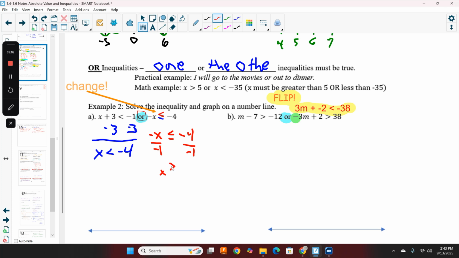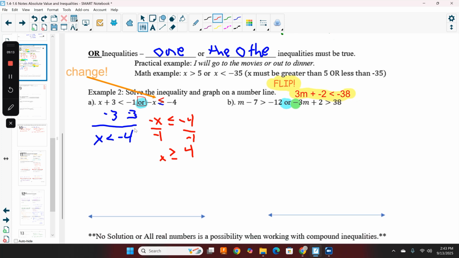X is greater than or equal to, because we divided by negative, -4 divided by -1, +4. So here is an example where one is going to be open, one is going to be closed. So x is less than -4. Okay, so that's going to be open, shaded to the left.